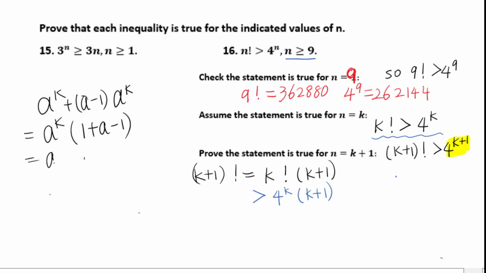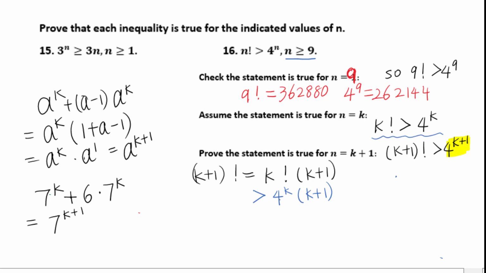That equals a to the k's power times a to the first power equals a to the k plus 1's power. For example, if I have 7 to the k's power plus 6 times 7 to the k's power, we can get 7 to the k plus 1's power.